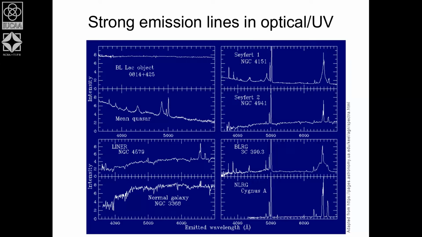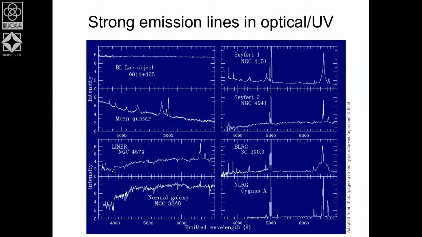Yeah, so the blazars have relativistic jets, and in fact, almost all radio loud AGNs have a very strong jet emission, and the jets are thought to be relativistic. That means the particles in the jet are moving with relativistic speeds.